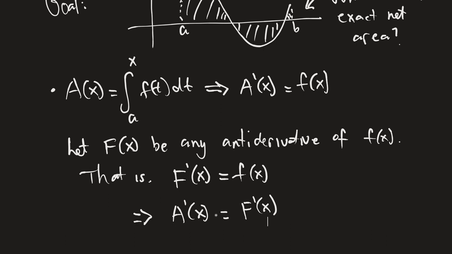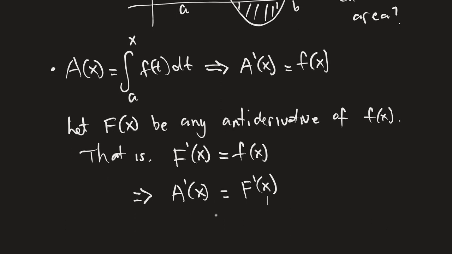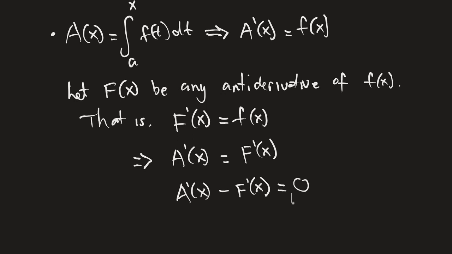This means that the difference between the two derivatives must be equal to 0. If the difference between their derivatives is 0, then the difference between the two original functions must be a constant.